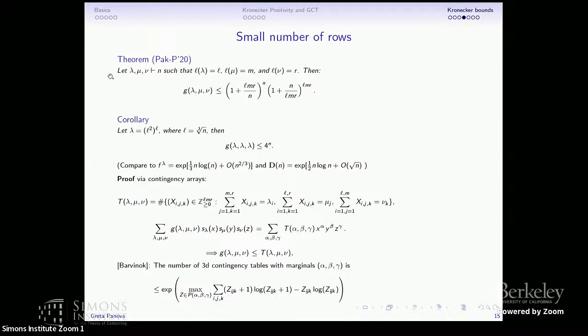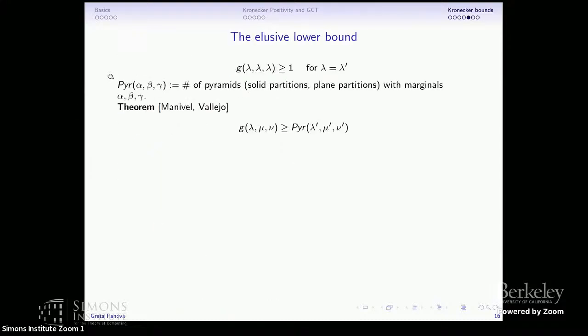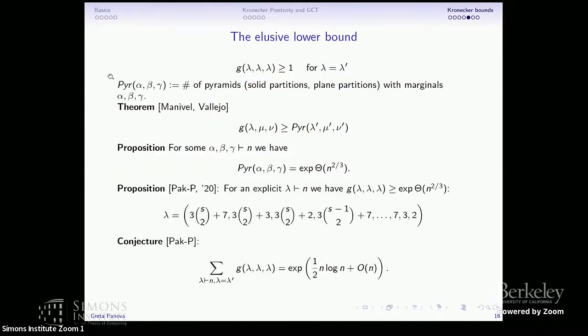So we can find some maximum, which depends on the marginals. If all these lambda, mu, and nu have the same values, we know that the maximum is going to be in the middle, and we can at least calculate this limit. In terms of lower bounds, we have a few strange examples, but very far from anything explicitly close to the exponent. And this is where I will stop since I'm out of time.